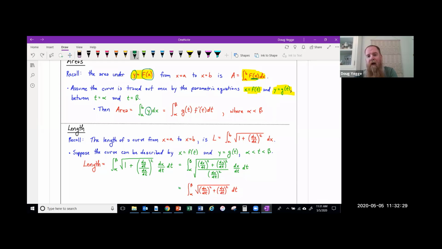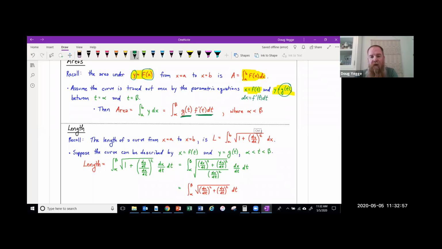If I integrate y dx, then I go to my parametric equations and recognize that y is actually g of t. And then dx is nothing more than the derivative of x. dx is equal to f prime of t dt, which is why I'm multiplying by f prime of t dt.